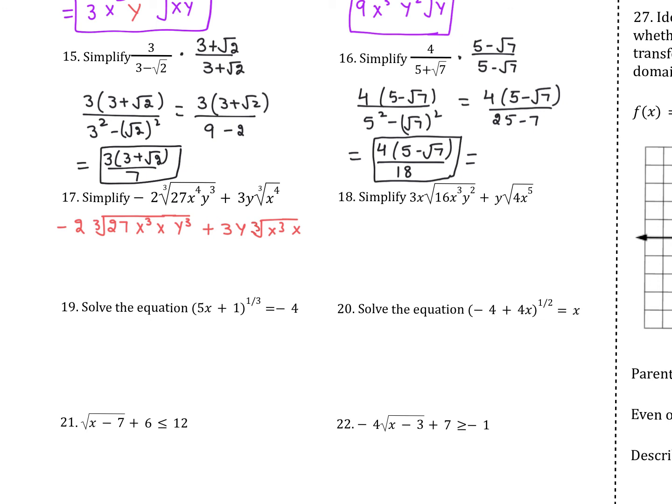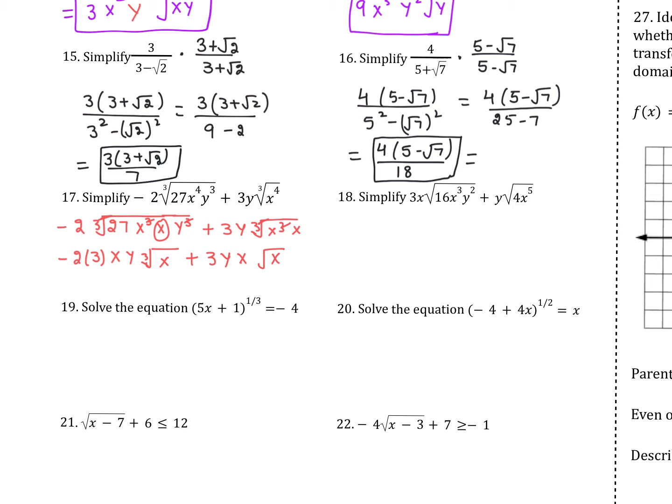Cube root of 27 comes out as 3. Cube root of x to the power 3, the 3 and 3 cancel, x outside; 3 and 3 cancel, y outside. What you're left with inside is this x plus 3y, and 3 and 3 cancel for x outside. Now we're going to multiply all these numbers outside, and that gives us negative 6.